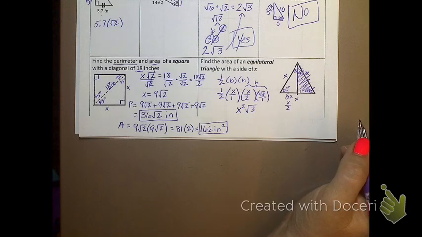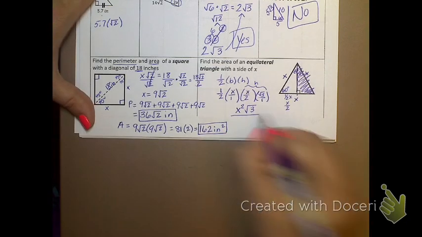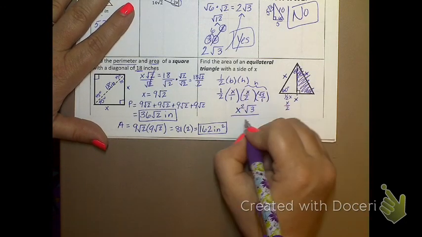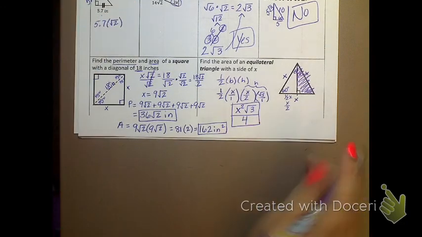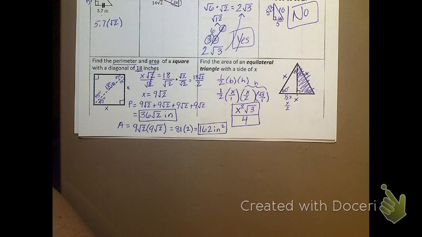Because otherwise it's hard to tell if the x is part of the radical or not, so we just leave it at the end. What do I have on the bottom? 2 times 1 times 2 times 1? 4. That's my expression for representing the area of this triangle. Kind of crazy? That was number 8 on your homework last night.